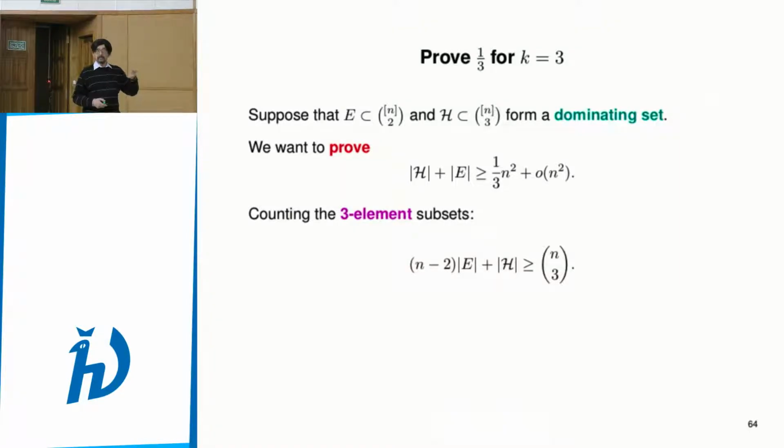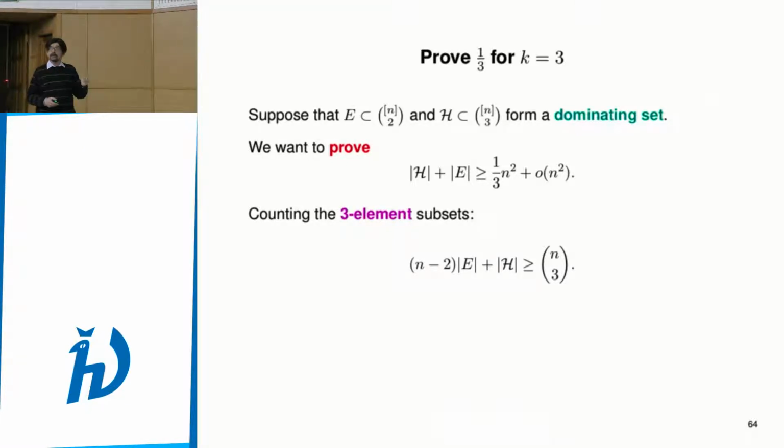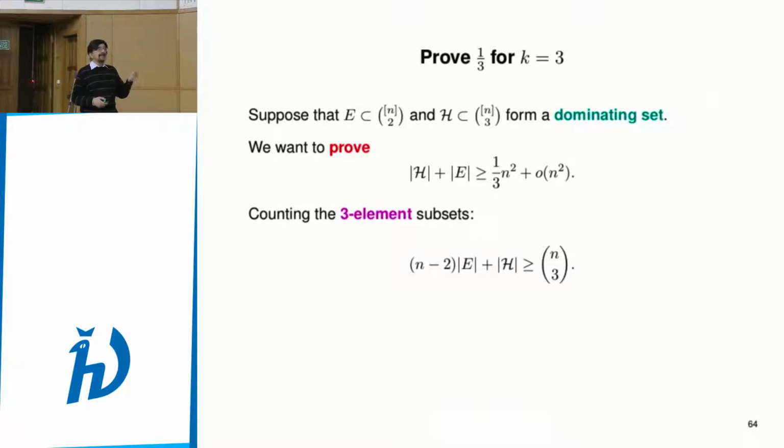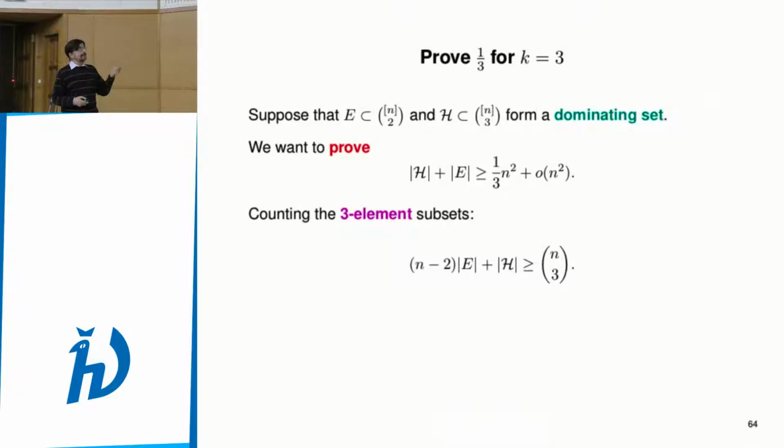They are covered by this edge. So that's n minus 2, because an edge has 2 elements, so n minus 2 other elements you can choose. And these ones are covered by H and E. So we need this to be at least n choose 3, because we want to dominate every 3-element set.